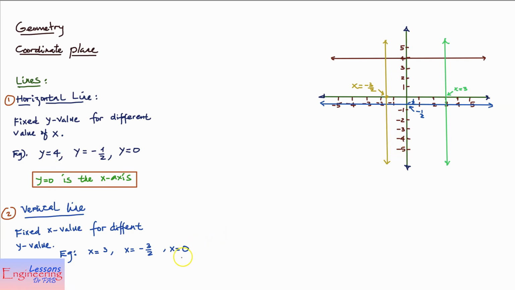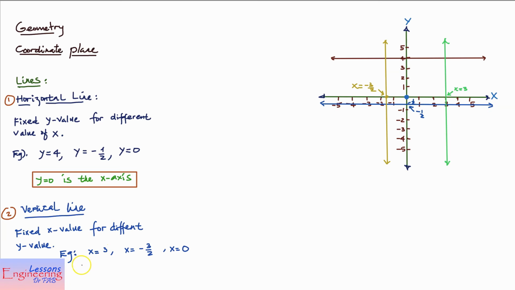And the last one is x equals 0. So x equals 0 is this point here at the origin. Now the vertical line that passes through that point is the y-axis. So the y-axis is also a unique case of a vertical line that passes through the origin.